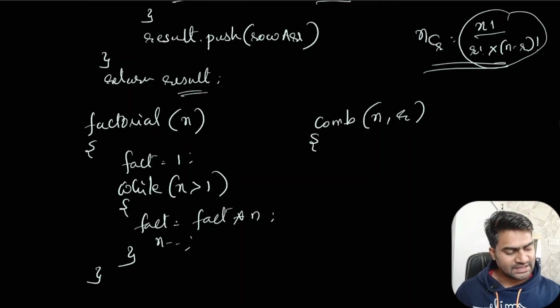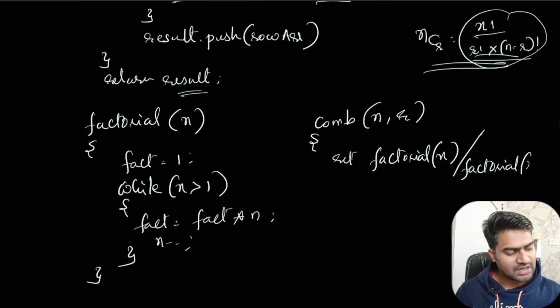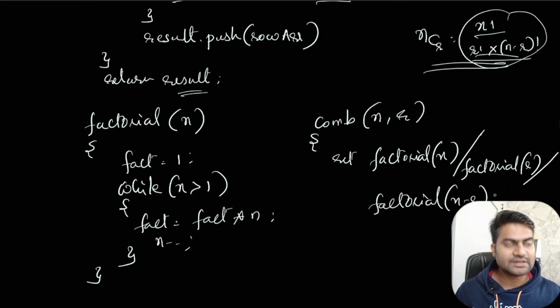It will return factorial n divided by factorial r, then again divided by factorial n minus r.